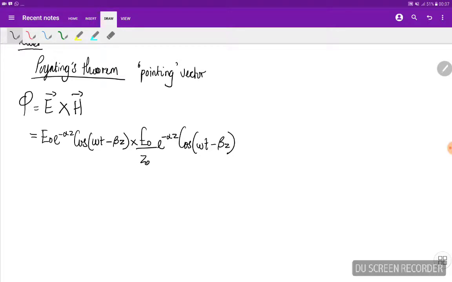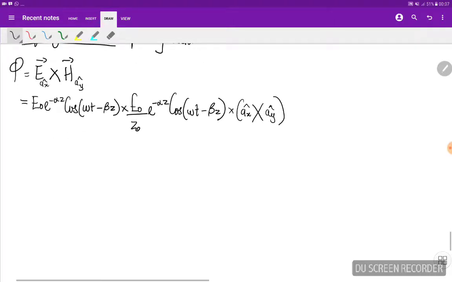Then let's say that E propagates in the x direction and H propagates in the y. Remember, perpendicular. So that means you have AX cross AY, which would give us AZ.